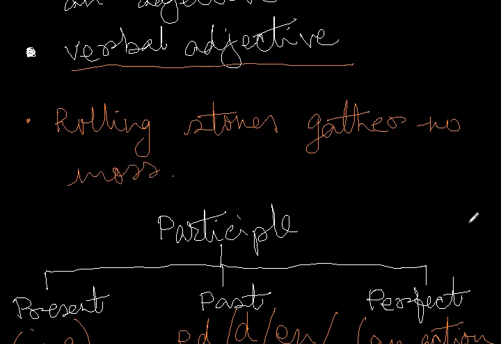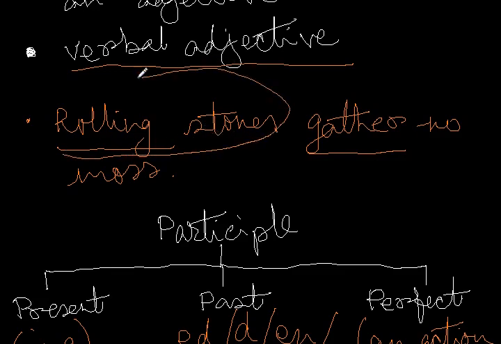Now, as we will see, this sentence apparently has got two verbs. One is rolling, another is gather. But think of it. Which is the subject of this sentence? Rolling stones. And of course, stones is a noun.